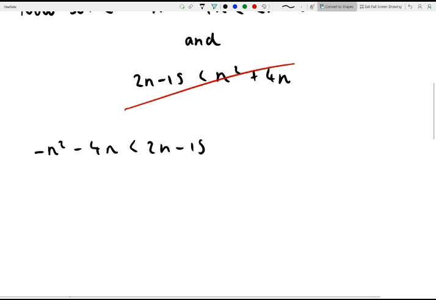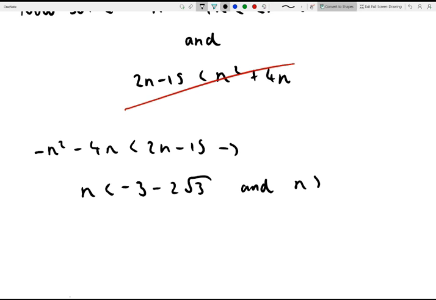And when we go ahead and solve this, we get n is less than minus 3 minus 2 times root 6, and n is greater than minus 3 plus 2 root 6.